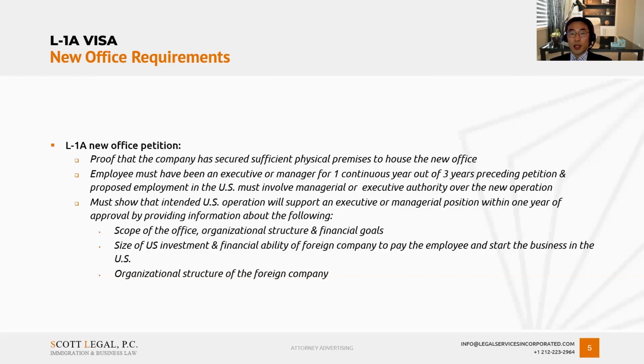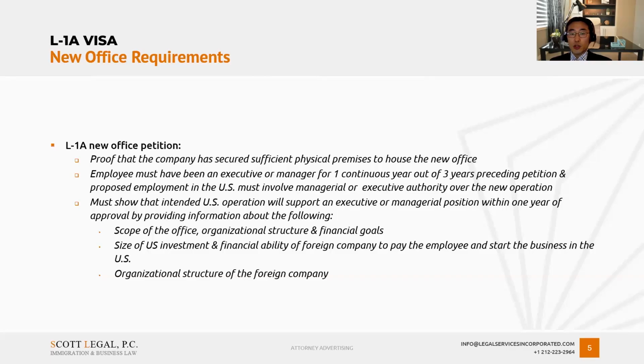Another requirement is that the employee must have been an executive or manager for 1 continuous year out of the 3 years preceding the petition and proposed employment in the United States. The US company does not need to have an employee before applying for L1A new office.